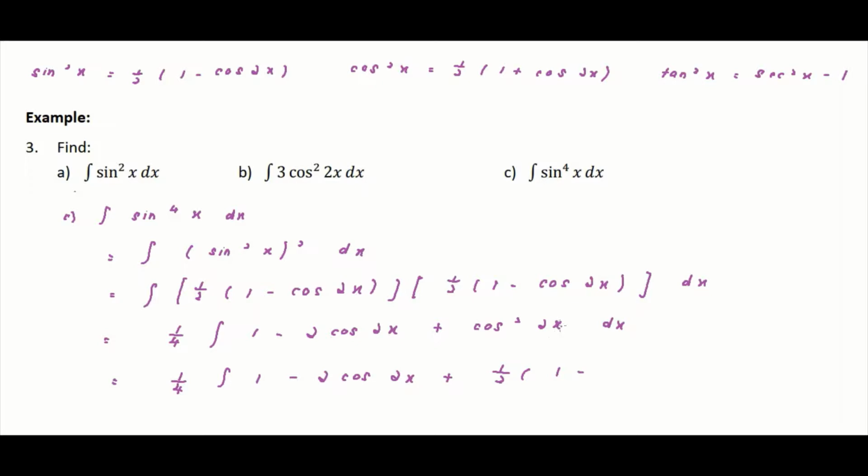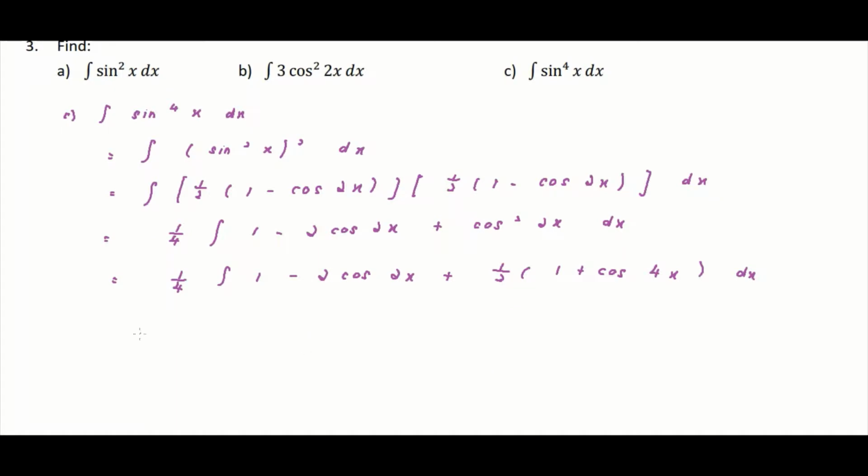If you have 2x instead of x, the 2x will become 4x. Okay, so now you can see everything is in the simplest form already. Then we can start to do the integration. So let's rearrange them first: 1 minus 2 cos 2x plus 1 over 2 plus 1 over 2 cos 4x.